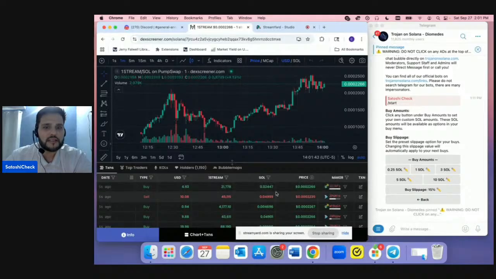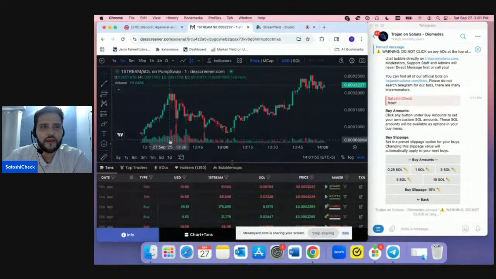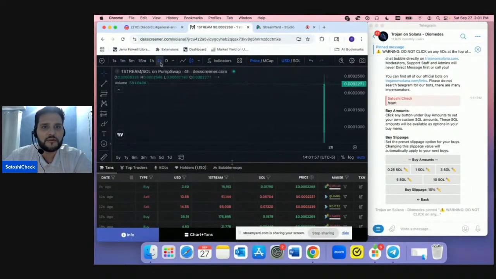You can actually see who's buying and selling. You can look for the snipers, which is what we do as well. You can't even check this one on the 4 hour.